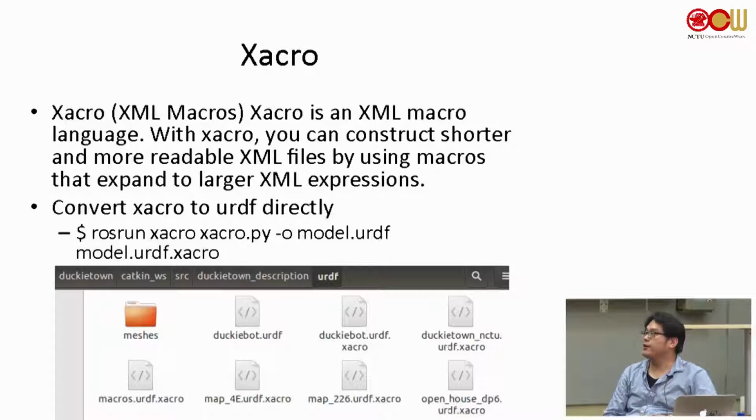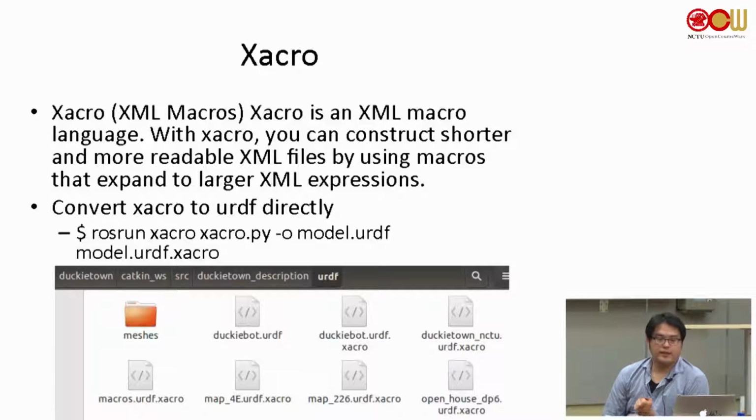The next thing we would like to introduce is called XACRO, an XML format file. The good thing about XACRO is that it's more like a macro, and it can generate the URDF in a nice way.